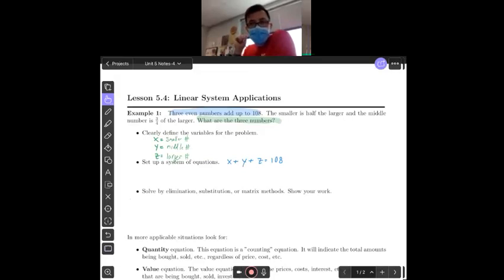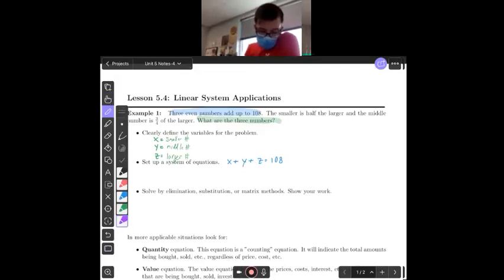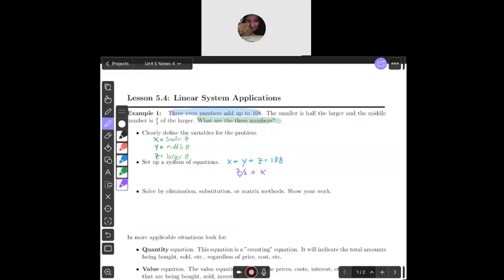Z divided by 2 equals X. Maddie, where are you getting Z divided by 2 equals X? It says the smaller number is half of the larger number. Okay. I just divided the larger number by 2, but you could also times the smaller number by 2.